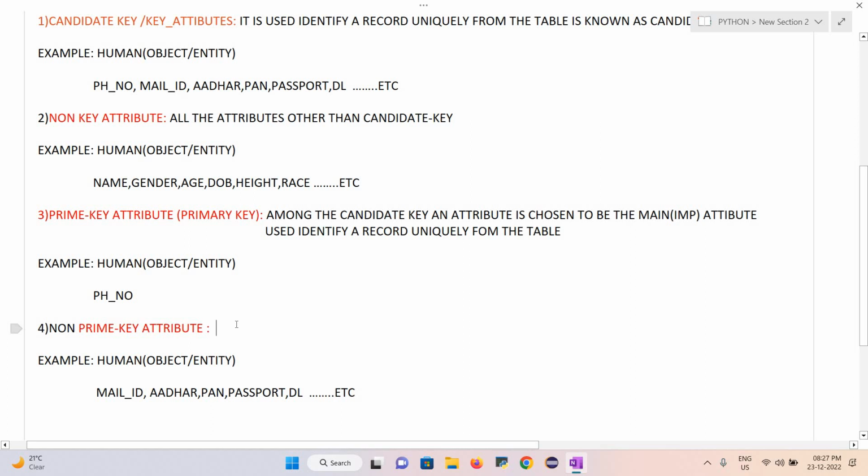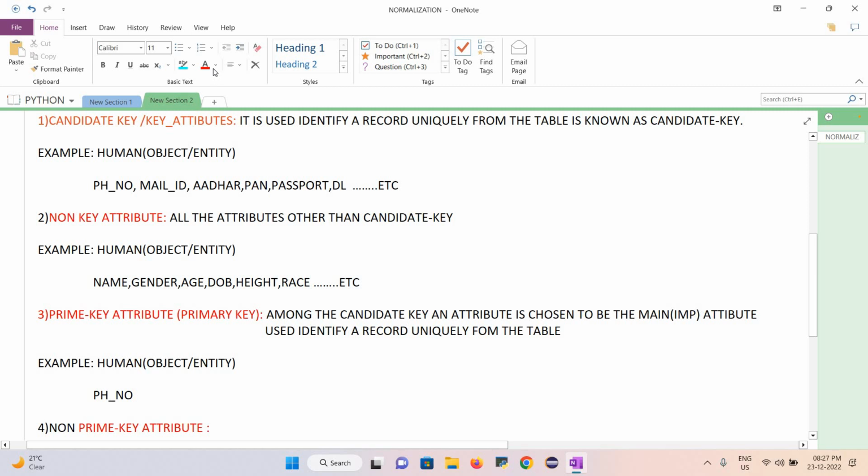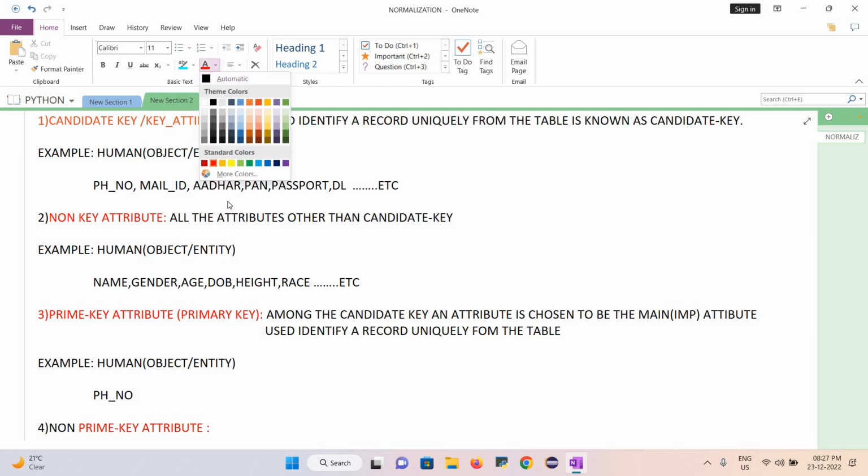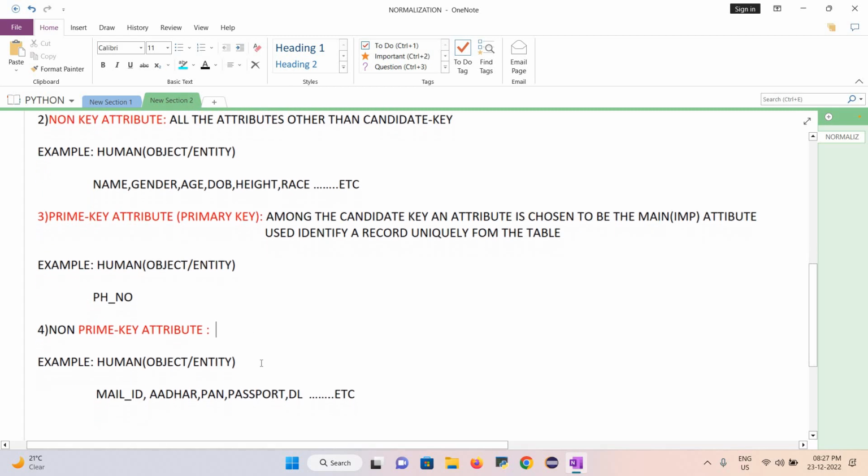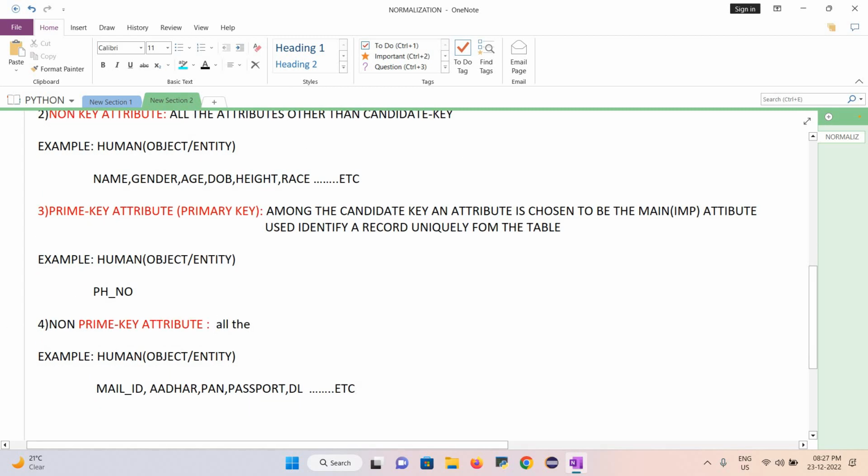So what does it mean? All the key attributes other than the primary key, that's it.